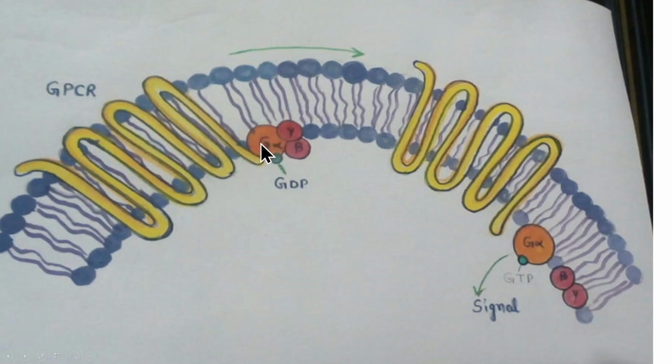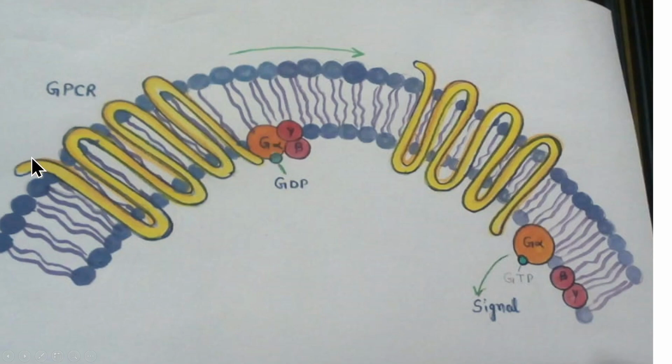This is the heterotrimeric G protein, so named because it is comprised of 3 subunits: alpha subunit, beta subunit, and gamma subunit. Alpha subunit binds either GDP or GTP. Therefore, these proteins are named G proteins because they are guanine nucleotide binding proteins.